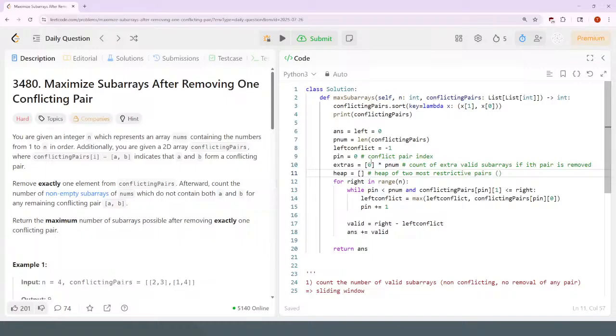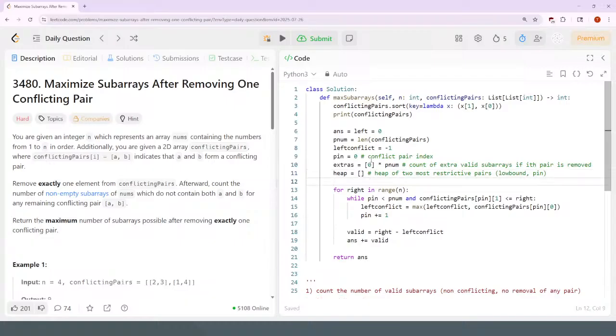And I think this should be a tuple of the left value of the pair, lower bound, comma, pair index in the array.